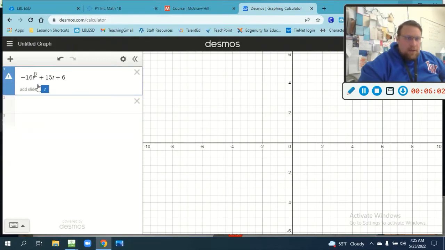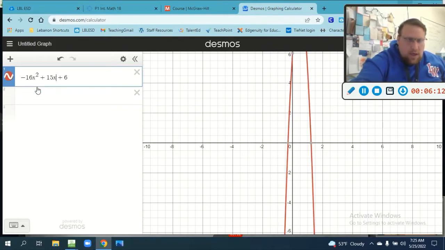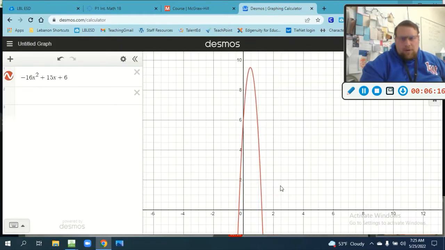I was putting t, but we're going to transpose this for x for Desmos purposes because it's just built for x. That makes a little bit better of a graph.